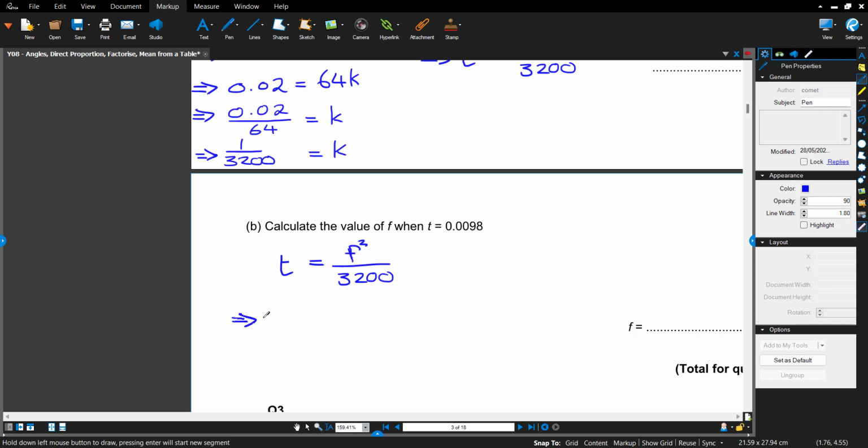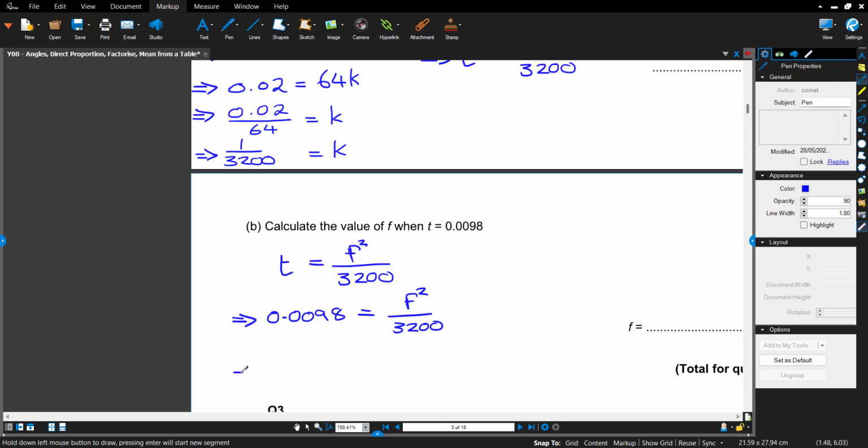All right, so that implies, well, t is 0.0098. 0.0098 equals f squared over 3,200. We want to get f, so we're going to multiply across by 3,200.